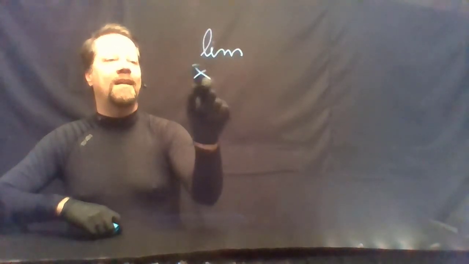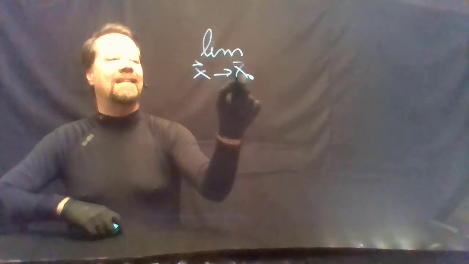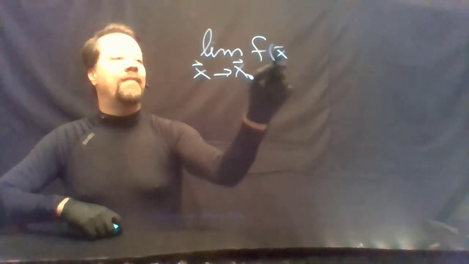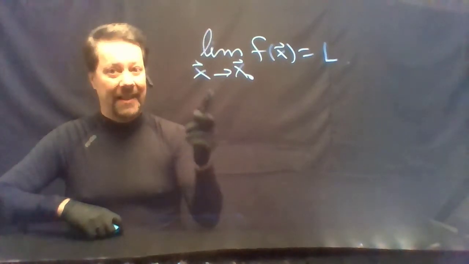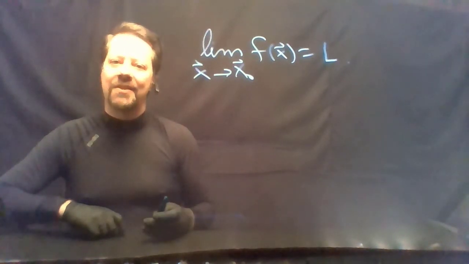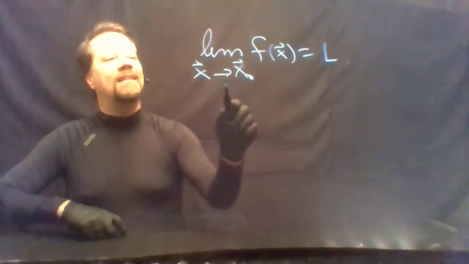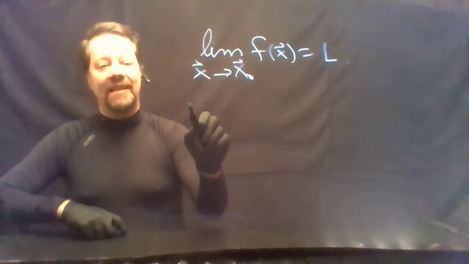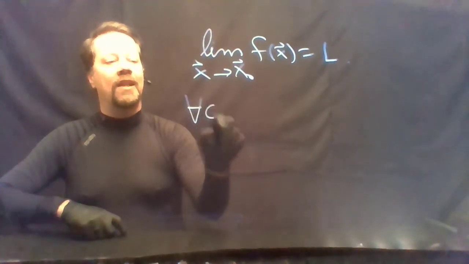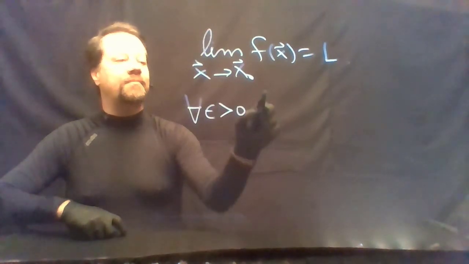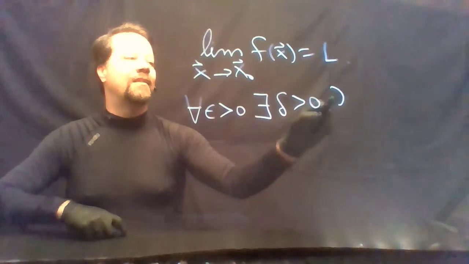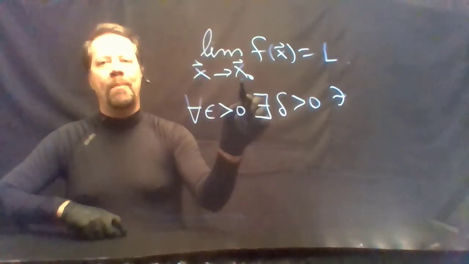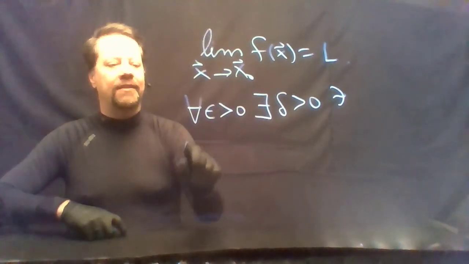I now want to look at what happens in the limit as x goes to x naught of f of x equals L. What do we mean in the present case? These are the sorts of functions that we are dealing with now. And it will begin with, of course, for all epsilon greater than 0, there exists delta greater than 0, such that the domain now consists of vectors.